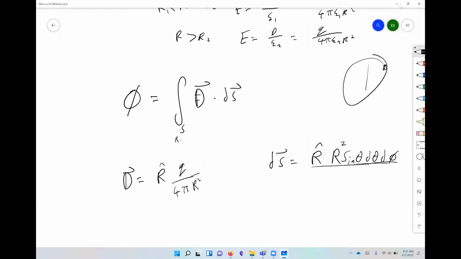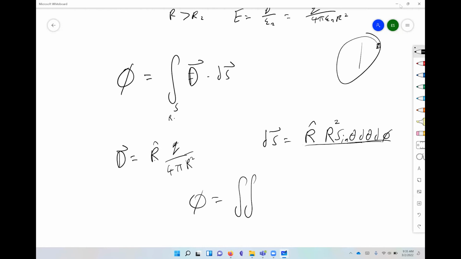So if we take this dot product, r hat dotted with r hat is going to be 1. So you end up with the flux being the surface integral. It's a double integral. So notice the r squared is going to cancel with this r squared. So you end up with q over 4 pi sine theta d theta d phi, and then theta is going to go from 0 to pi, and phi is going to go from 0 to 2 pi, right?